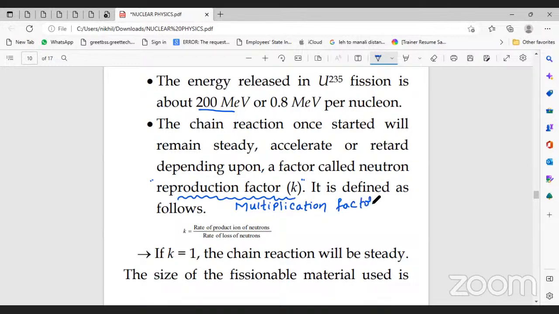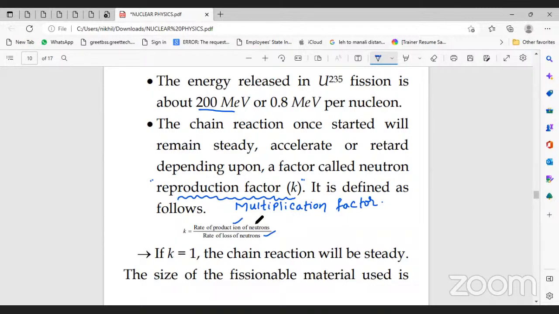We determine this factor by knowing the number of neutrons in the previous generation and the number of neutrons in the present generation.